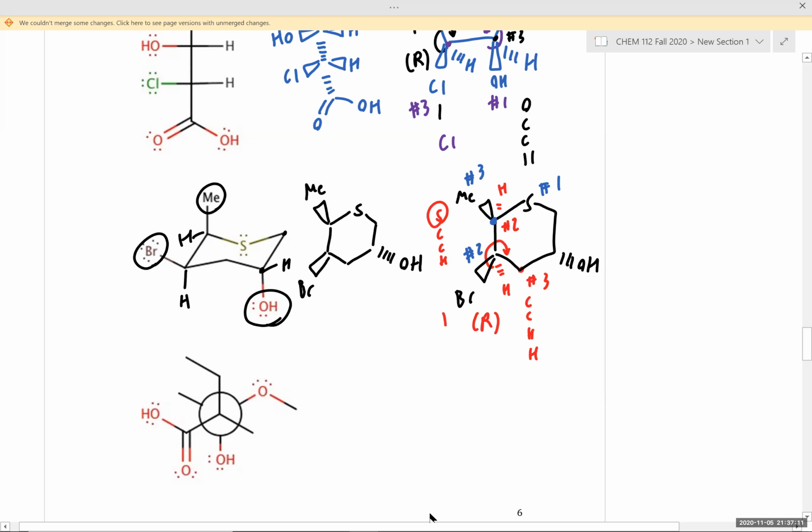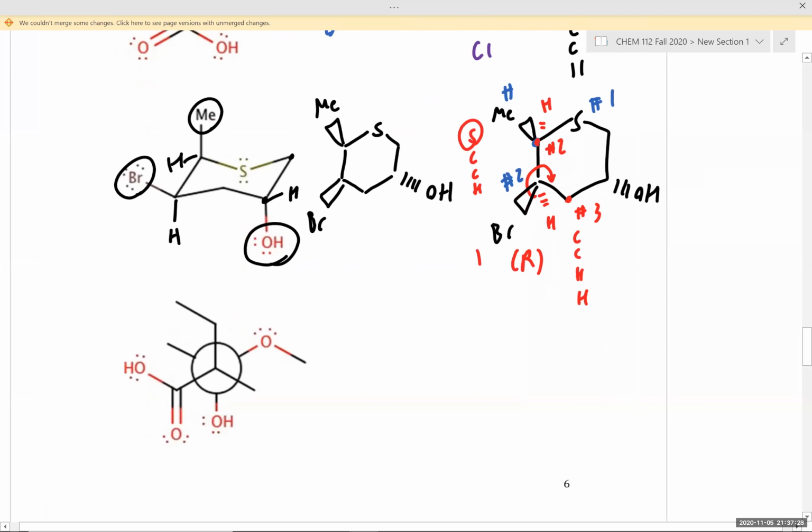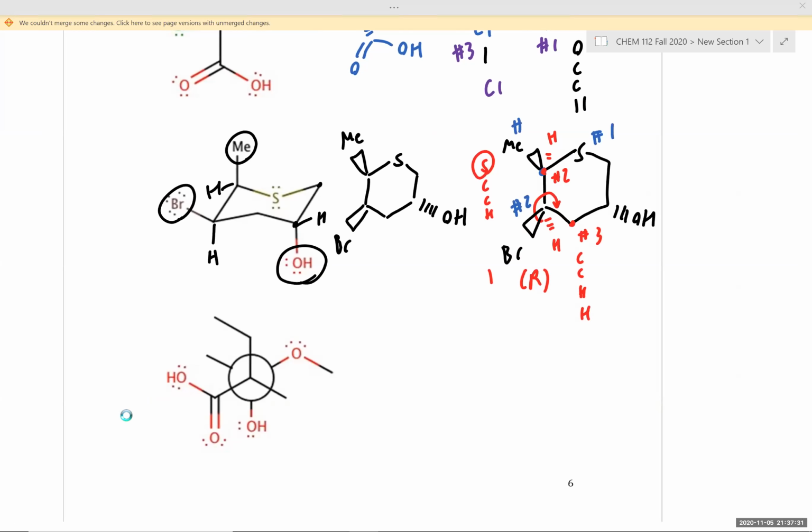Yeah, I need to reload OneNote. Okay, so just to recap our priority assignments, sulfur's priority 1, the carbon with the bromine's priority 2, the methyl's priority 3. Tracing from highest to lowest priority, we're going counterclockwise, so this center will be S.